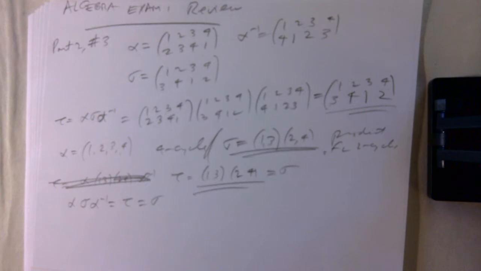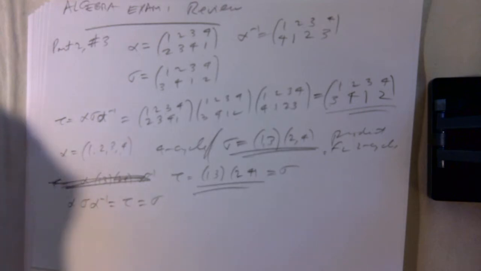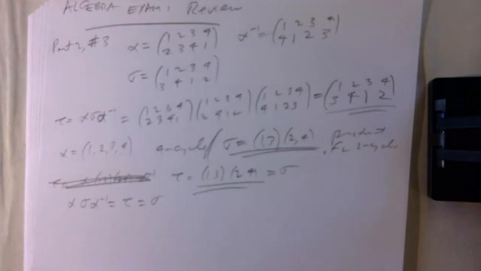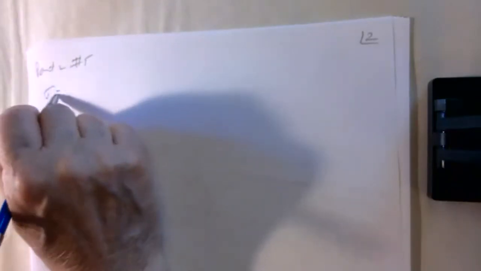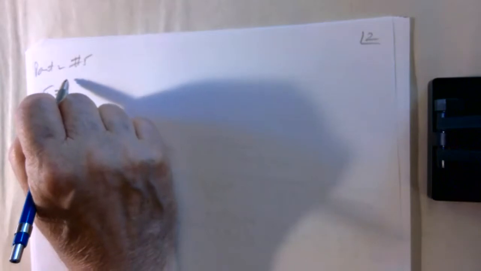Okay, and what was the other problem you asked about? Number 5. Okay. So part 2, number 5. We have the permutation sigma in S5.